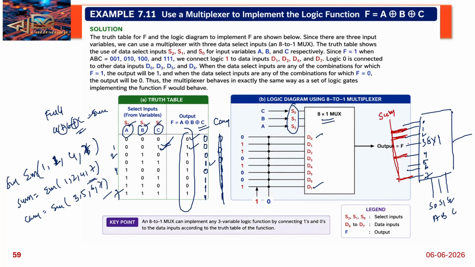And then for the rest, for 3, 5, 6, 7, these are connected to carry. Rest of the values will be connected to 0. So only one value is there, that is 0, already connected to 0. Clear? This is the full adder representation by using mux.